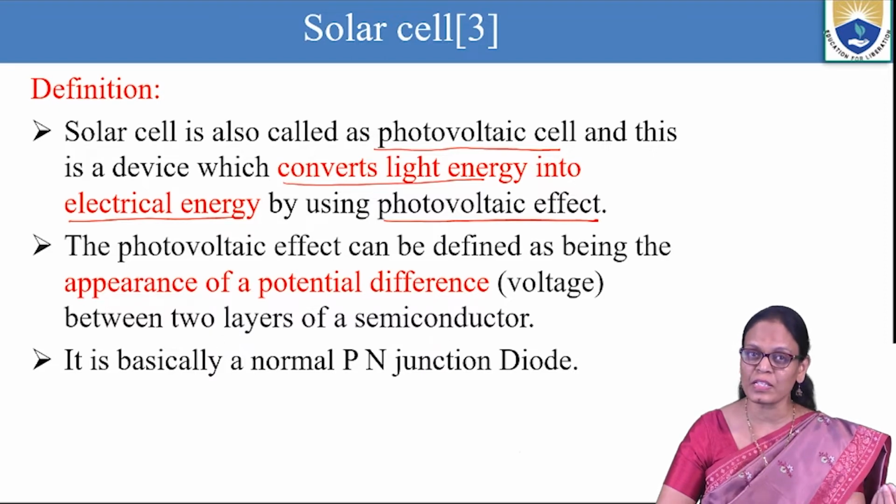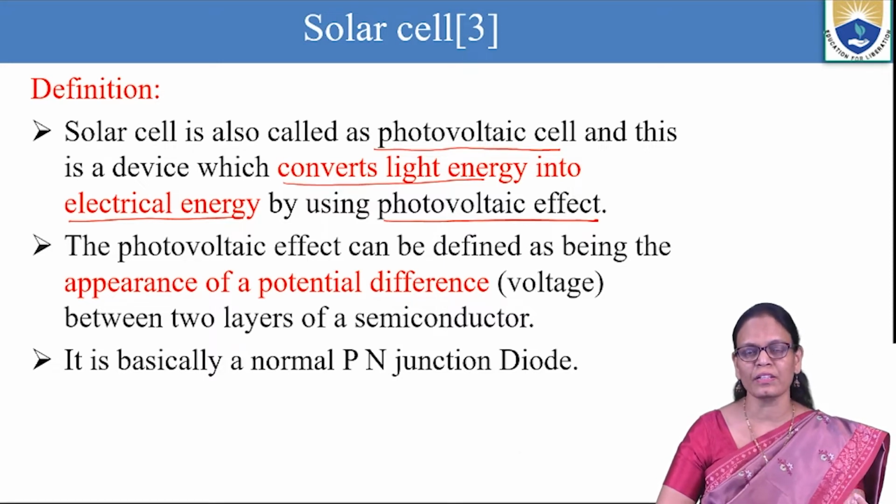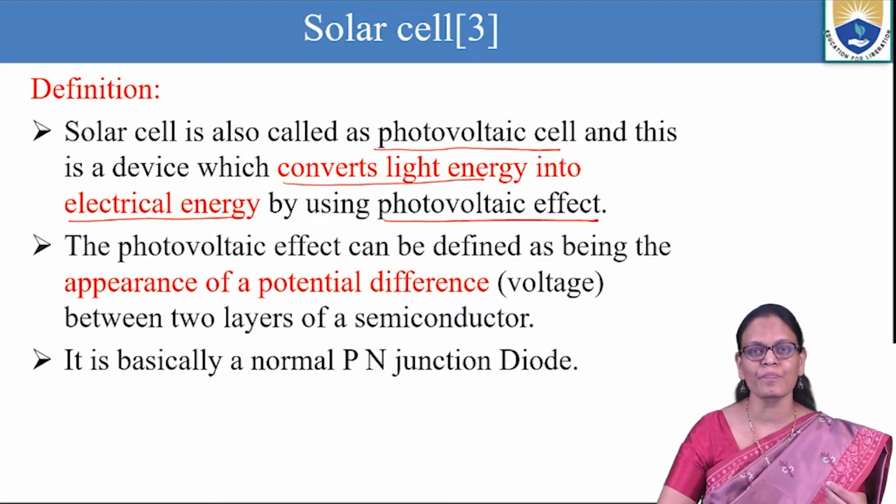Now, we have discussed in the previous lectures that photodiodes are also devices that convert light energy into electrical energy. But here a solar cell makes use of the photovoltaic effect, where it will create a potential difference by using the sunlight. That is what we call the photovoltaic effect.